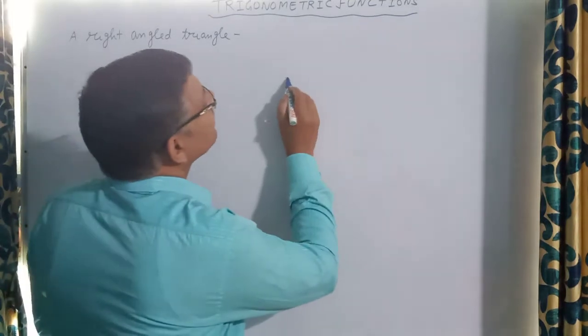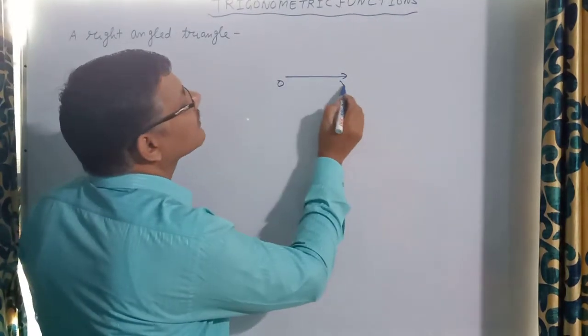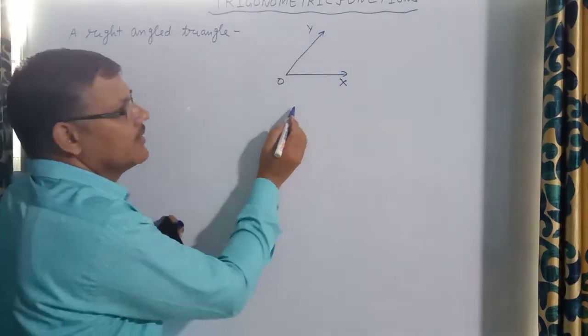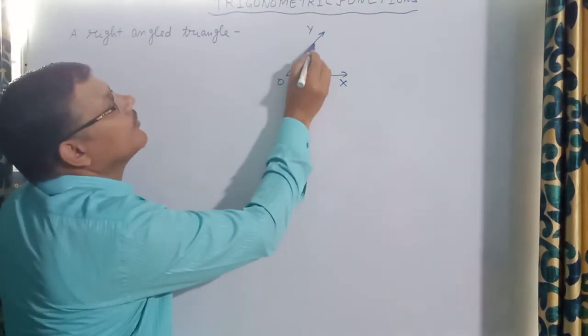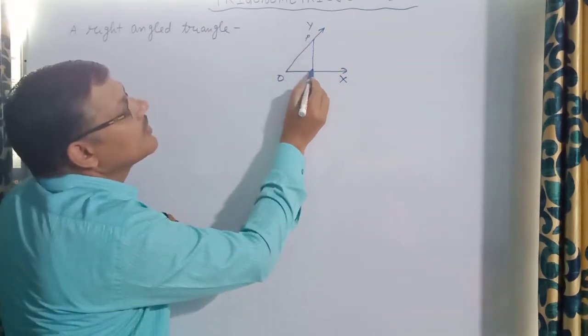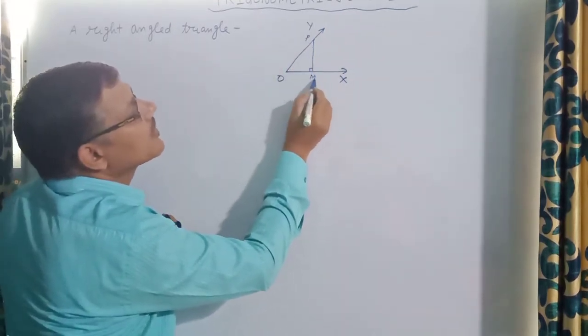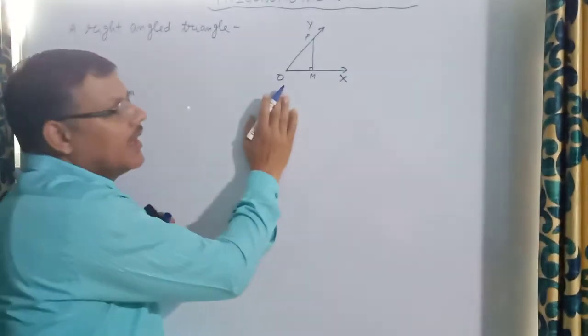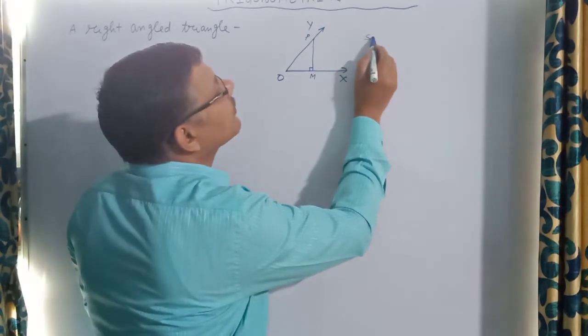So let this be ray OX and this OY. Let there be a point P, and this is PM, which is perpendicular to OX. So this is the right angle triangle, and here we use the terms.